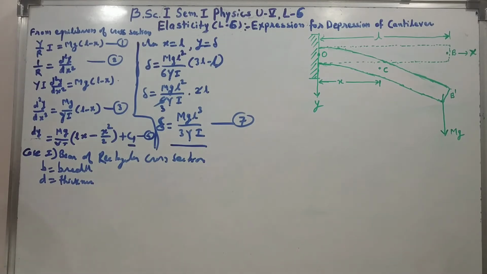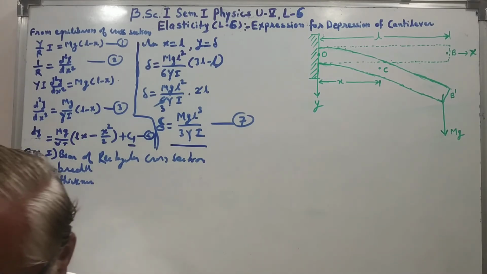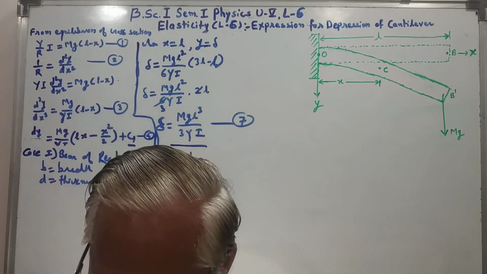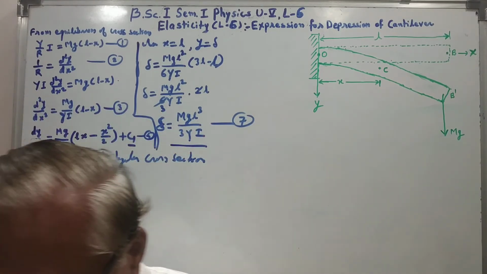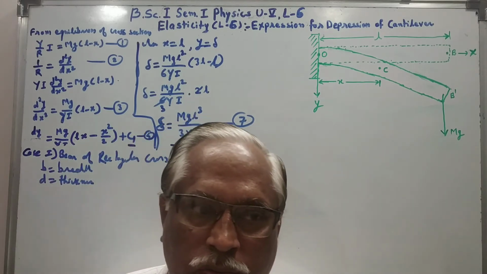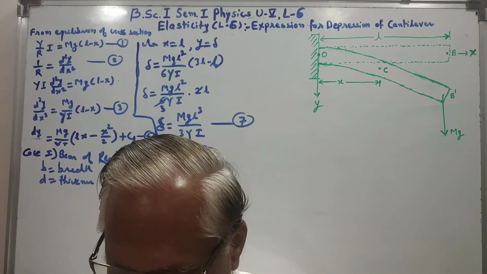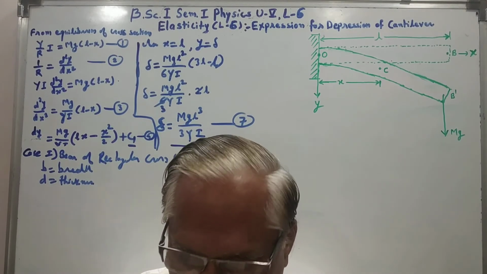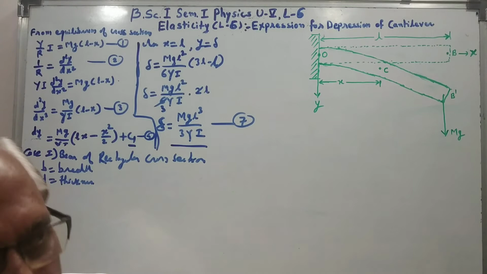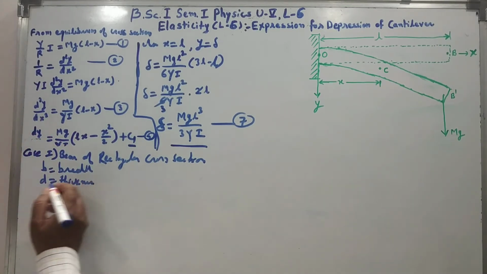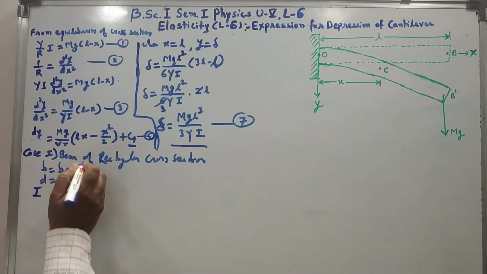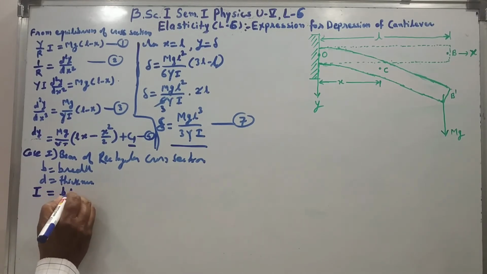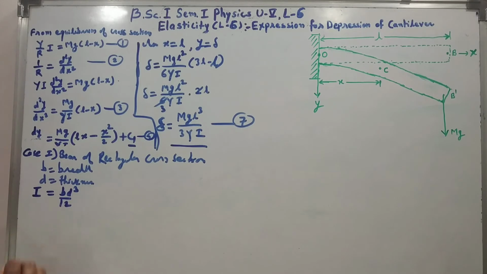For this beam, the geometrical moment of inertia I of the cross section about an axis through its center and parallel to the breadth B is given by I equal to BD cube by 12.